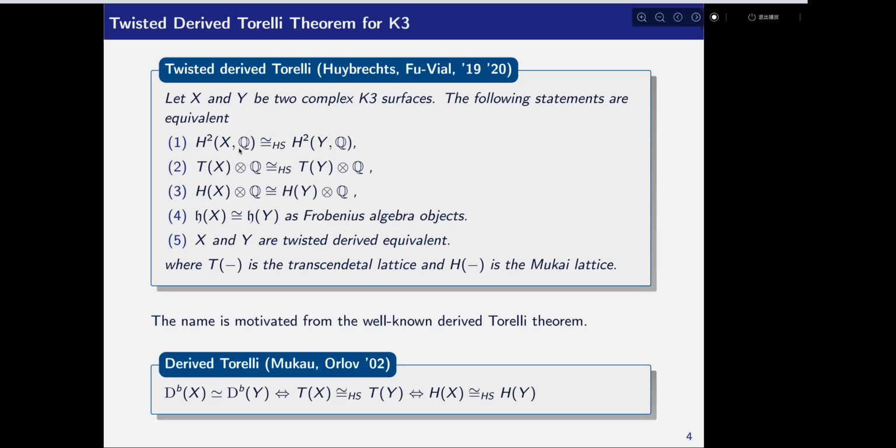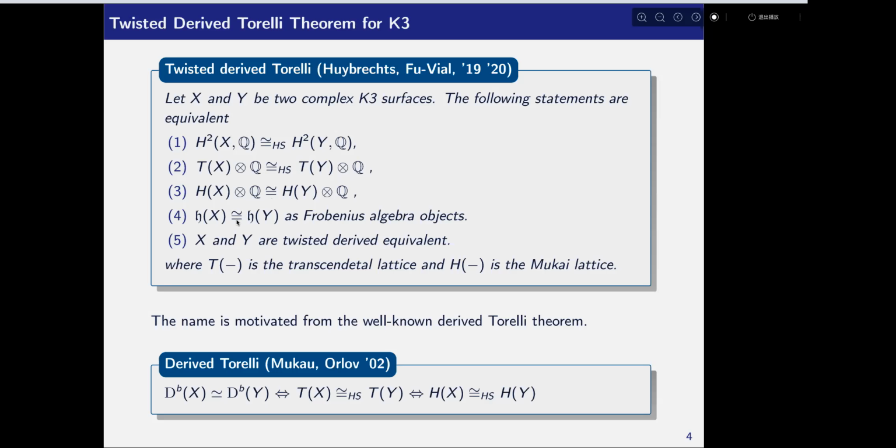First, we have a rational Hodge isometry between the cohomology. The second one is that we have a rational Hodge isometry between the transcendental parts of the two K3 surfaces. The third one is that there is a rational Hodge isometry between the Mukai lattices.